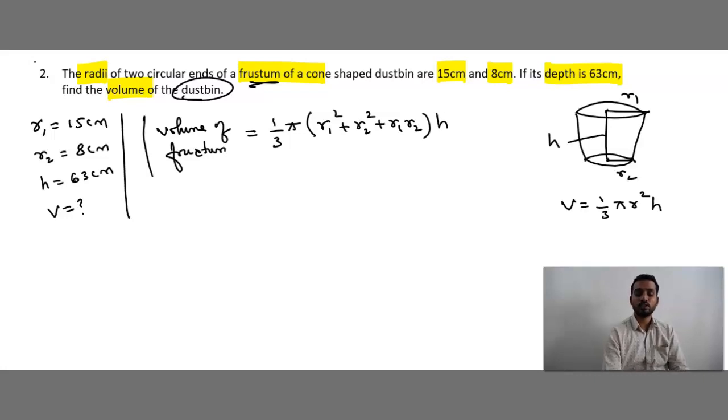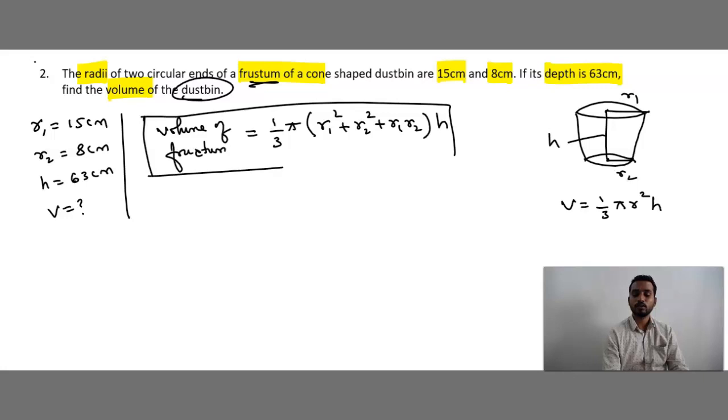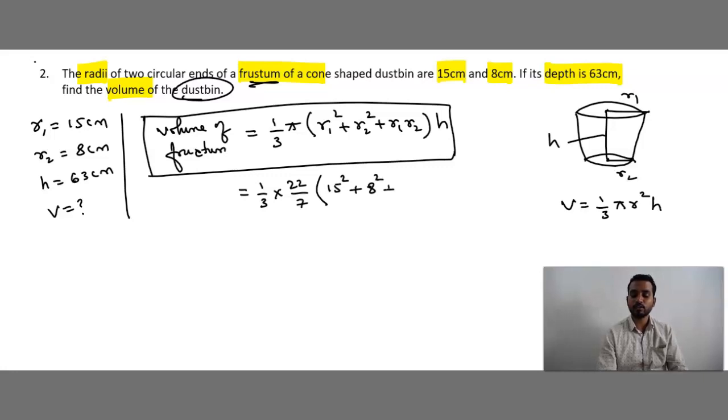So this is the formula to find the volume of frustum of a cone. Done? Yes. 1 by 3 into pi, 22 by 7, right? Open the bracket. R1 square, what is R1? 15. 15 square plus R2, 8 square, plus R1 into R2, 15 into 8, into 63.